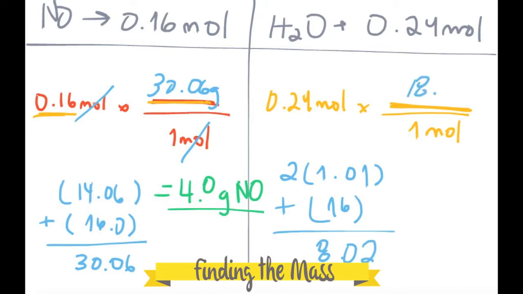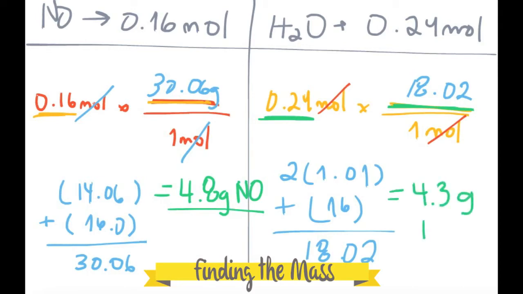We plug that in, and then we can cancel out the moles. And then we can multiply 0.24 times 18.02 to give us 4.3 grams of H2O. And those are the masses of the products in grams.